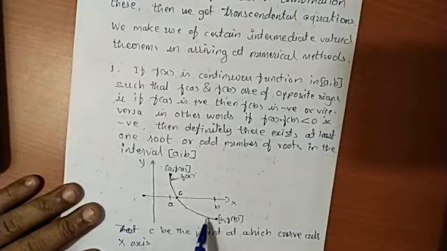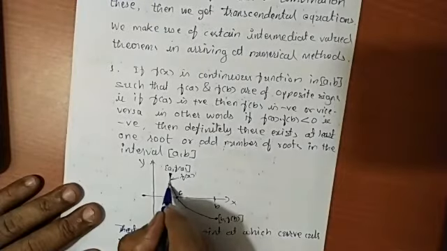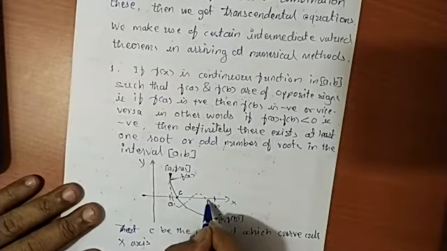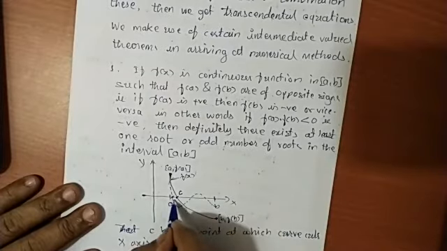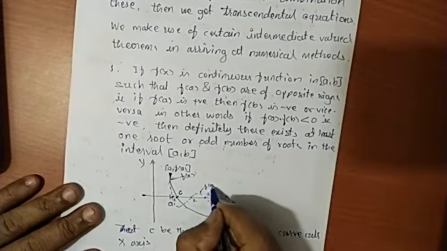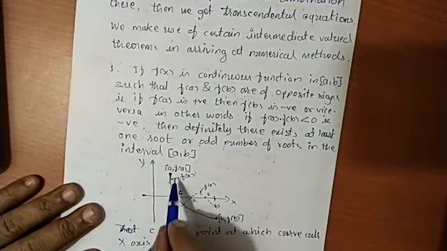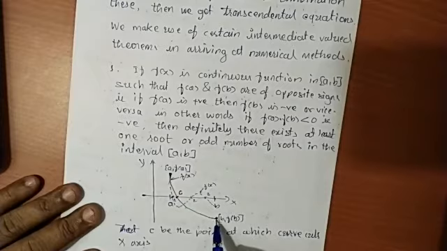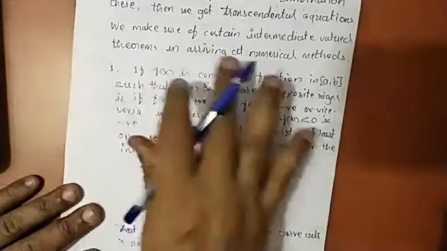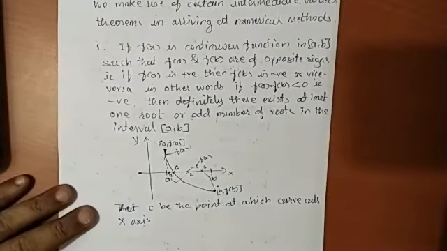Therefore, this curve must cut the x-axis at least once. I can also draw a dotted curve which cuts the x-axis at an odd number of points: this is the first point, the second point, the third point. So once I join A, f of A and B, f of B, the curve cuts the x-axis at least at one point, or at an odd number of points. That's what the intermediate value theorem says.